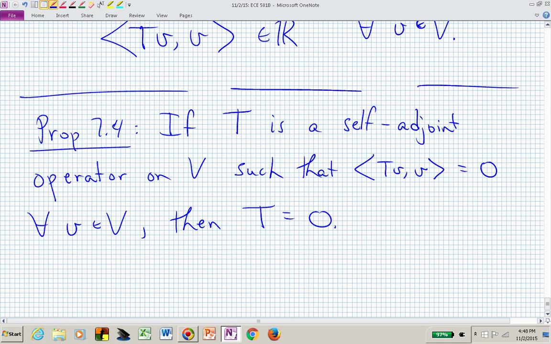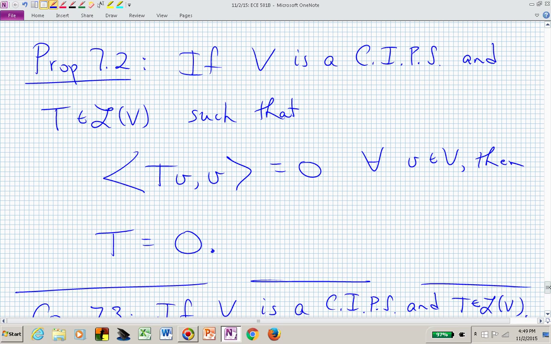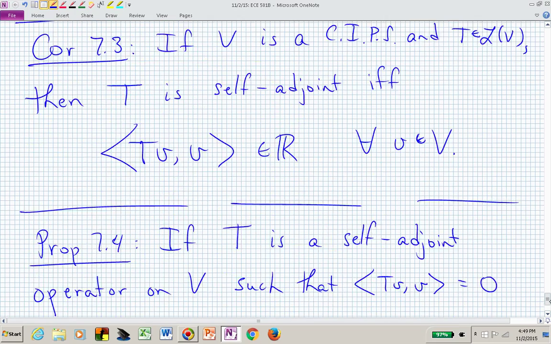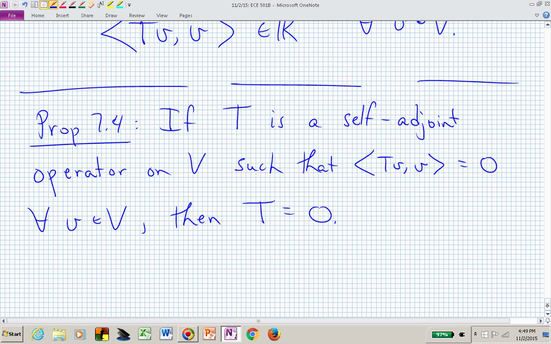What's the difference between this proposition, 7.4, and 7.2? 7.2 says V is a complex inner product space and T is a linear operator such that the inner product of TV with V equals 0 for all V, then T is 0. 7.4 says if T is a self-adjoint operator on V such that the inner product of TV with V is 0 for all V, then T is equal to 0.